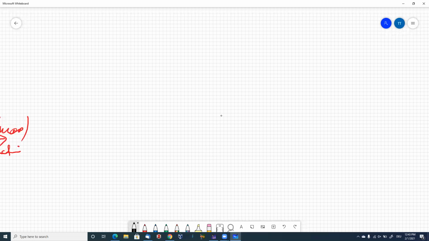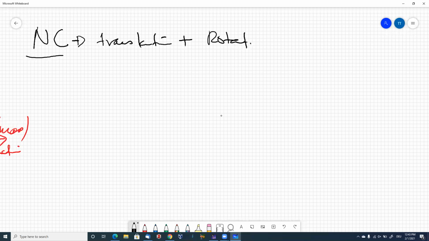So in this regard, now we can discuss the properties and behaviors of these CNC machines. So what is CNC? CNC is numerical control. They have motions: either a translational motion, a rotational motion, or a combination of both.